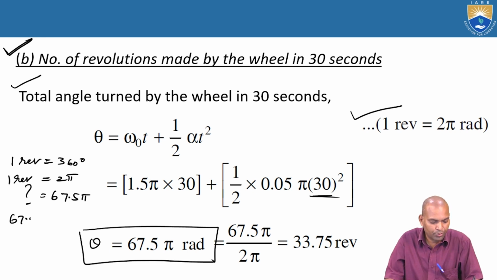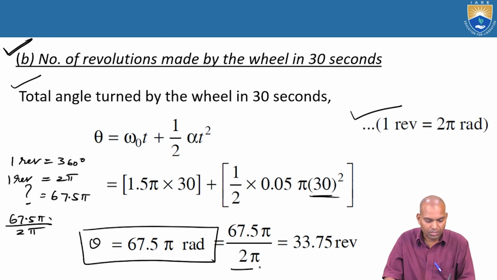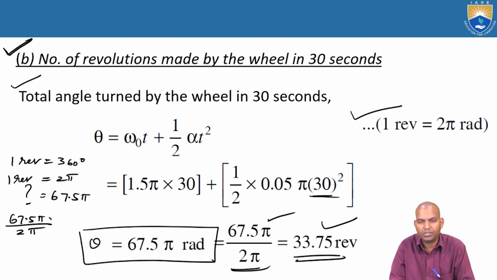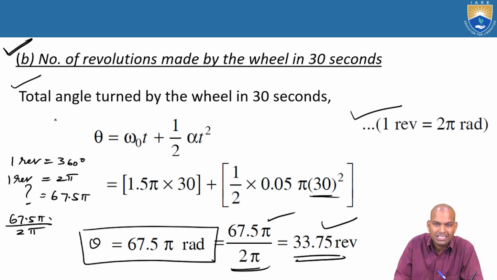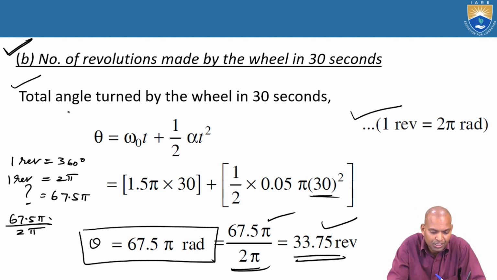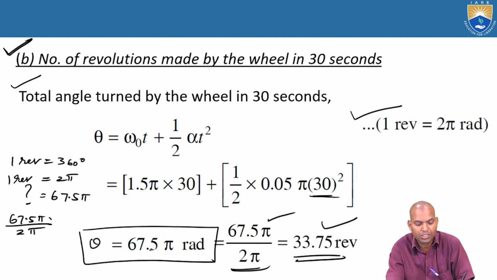So theta equals 33.75 revolutions. That is the angle turned by the wheel, nothing but the angular displacement. In terms of revolutions it is 33.75 revolutions, and in radians it is 67.5 times pi radians.